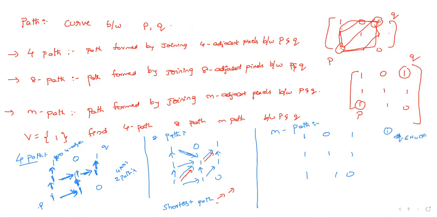If it is satisfied, M path is possible. So no need to check for another condition. Right? This is M path. 2 paths are possible.